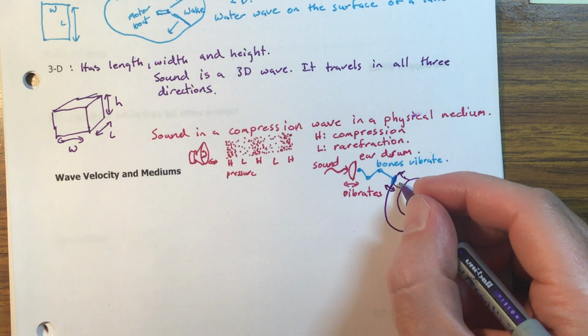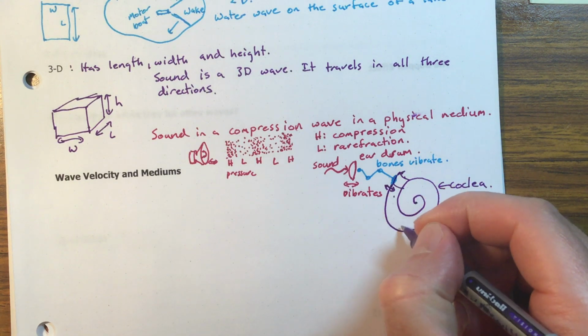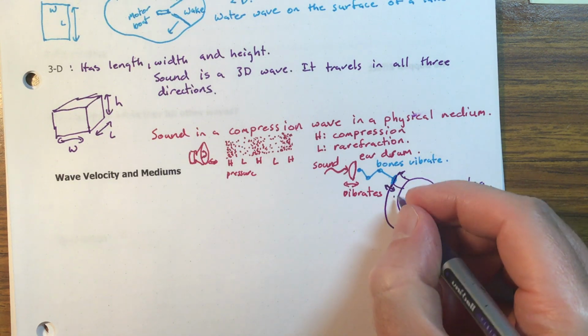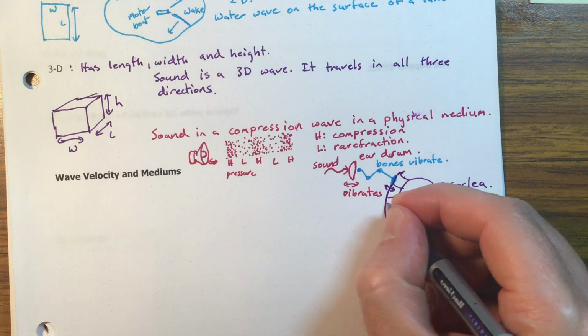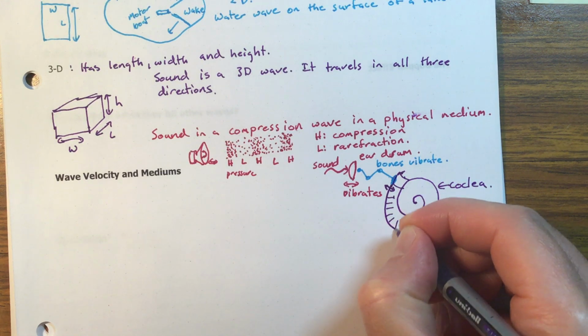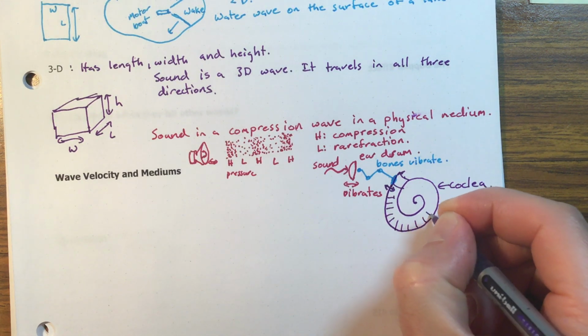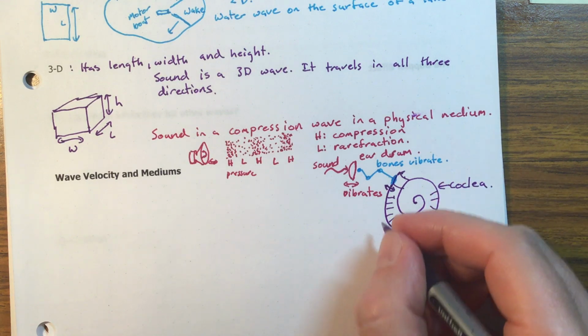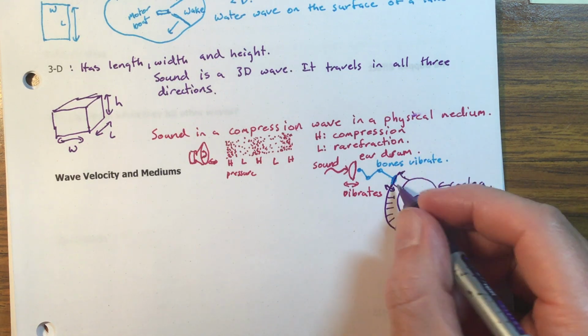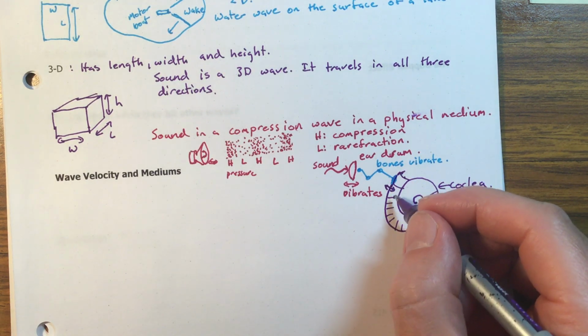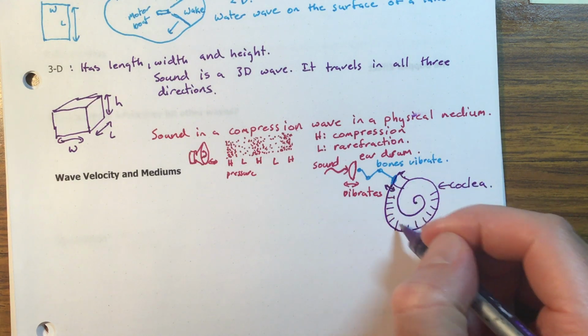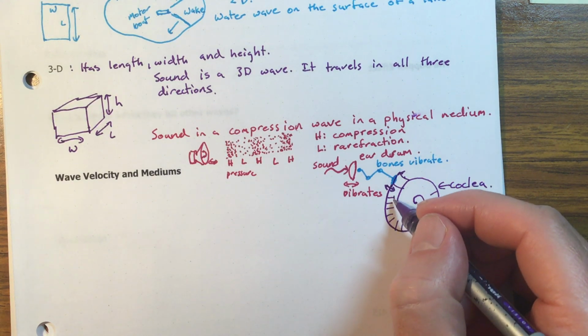And inside the cochlea, what happens is fluid is moving around. So you've got fluid. Then you've got little hairs growing inside the cochlea. So the fluid in the cochlea starts to vibrate, starts to get pumped around. The hairs start to vibrate.